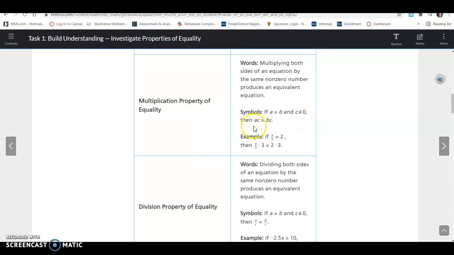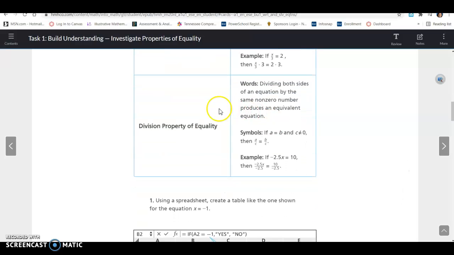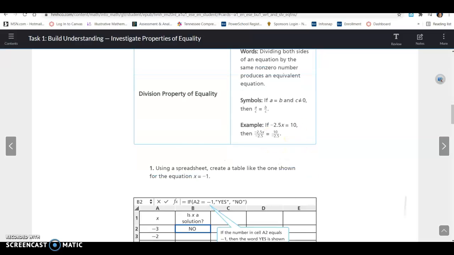If you multiply by any non-zero number, that's going to work. All right, division, same thing. Dividing both sides of an equation by the same non-zero number produces an equivalent equation. And again, you can't divide by 0, so they're just saying any non-zero number C.